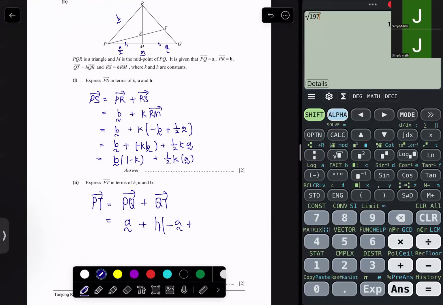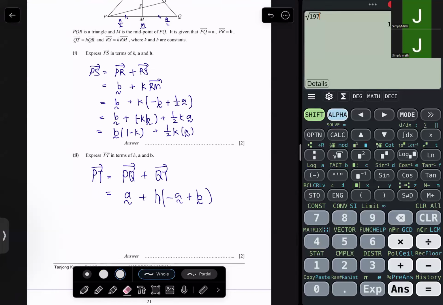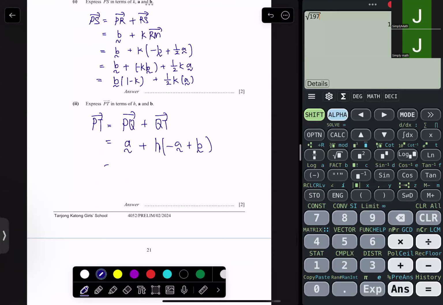QR is negative A plus B. Okay, that's fine. So then we'll get 1 minus H A plus H B.